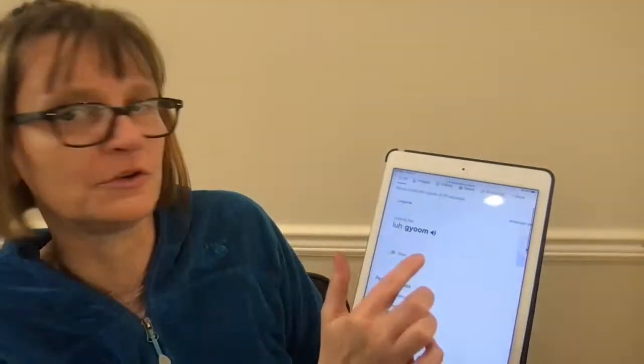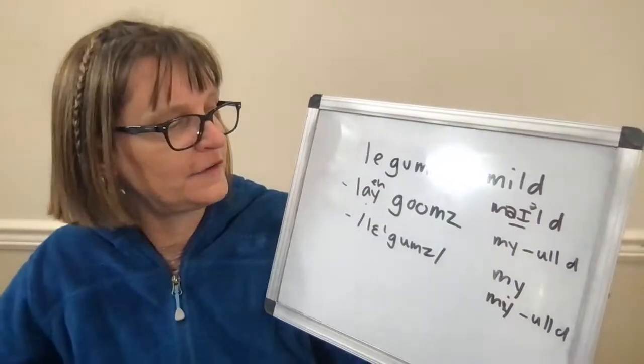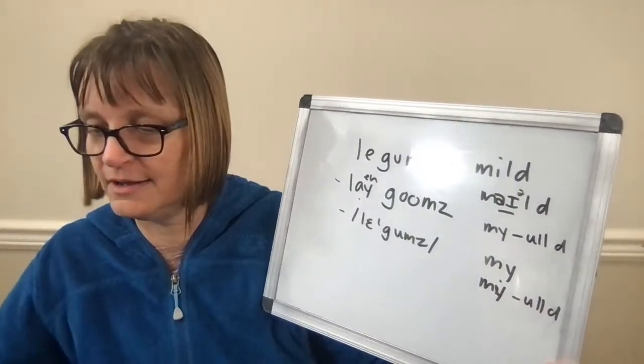Let's check Google. We'll check pronunciation of legume. I'll say it the new way for me, and see. Yeah, they also show it with gume. So going back, you can have a lay or a le.